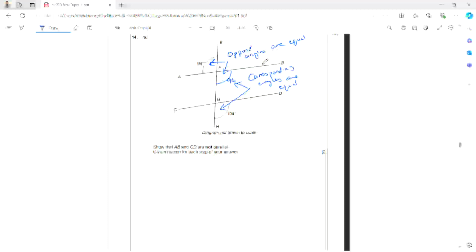So just like opposite angles are equal, this angle must be the same as that angle, they're both 94. Corresponding angles are equal, so this angle here must be the same as this angle there, but it is not. 94 is not 104, therefore the lines are not parallel.